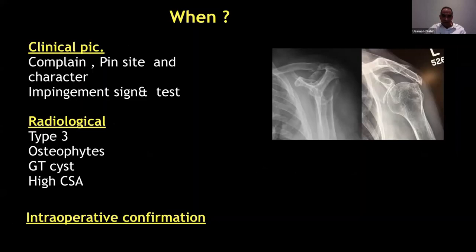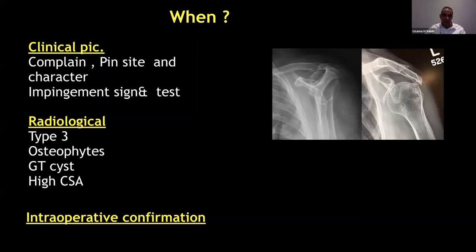In my practice, I do it in a selective way, and I think most people do the same. When exactly is the indication for me? I have to have 3 elements together: the clinical picture, radiological, and intraoperative. In the clinical picture, the patient should complain of impingement pain, with the exact site and character of the pain.